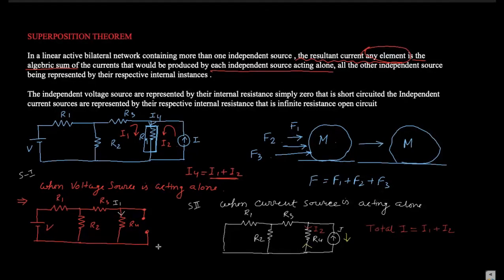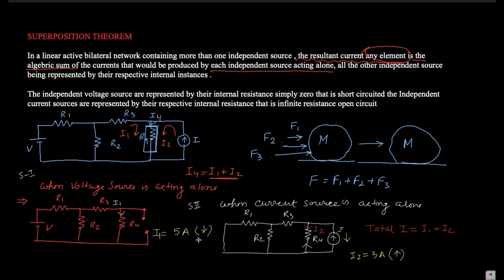So in this case, whatever the I1 is, you have to give the value. If it is 5 ampere, then I1 should be 5 ampere, and you have to give the direction, from upper to lower. If I2 is 3 ampere and the direction of the current source is this, then the direction of I2 is from lower to upper.